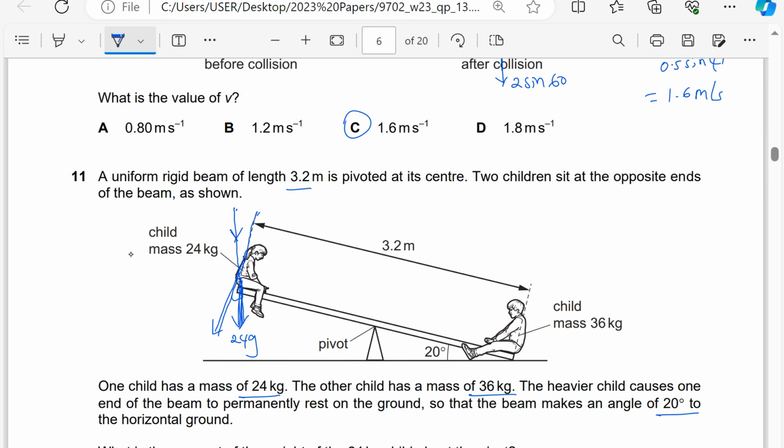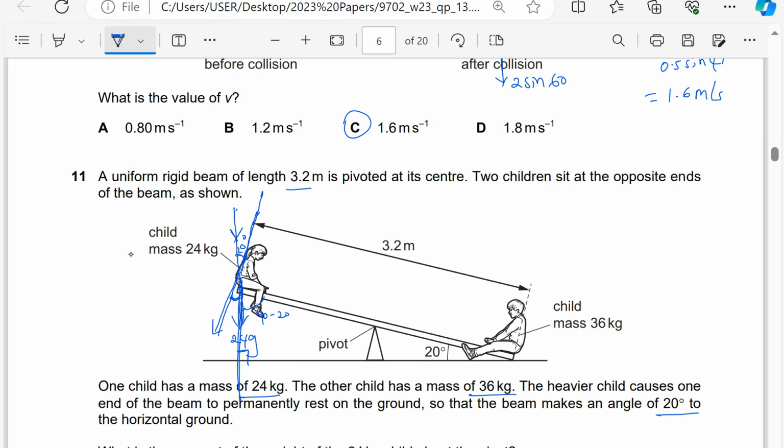This angle here is automatically going to be 20 degrees. If I take this one vertically downwards, this is 90, this is 90 minus 20, so this angle is going to be 20.